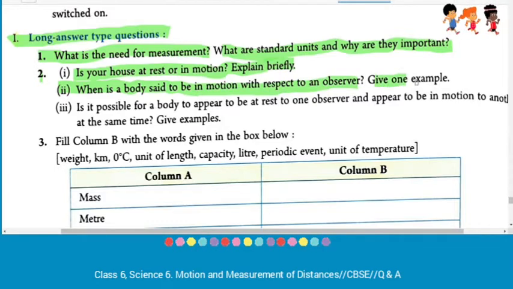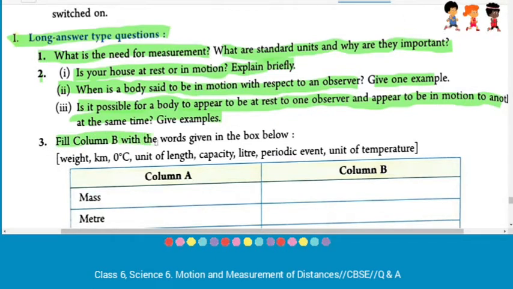Give one example. Third, is it possible for a body to appear to be at rest to one observer and appear to be in motion to another at the same time? Give examples. Third question, fill column B with the words given in the box below.